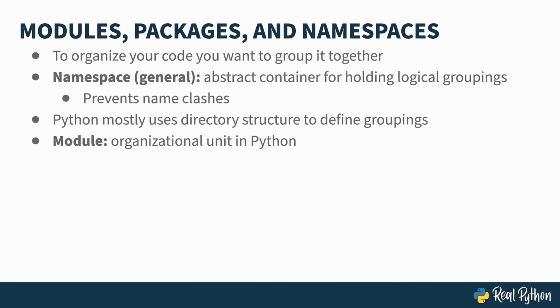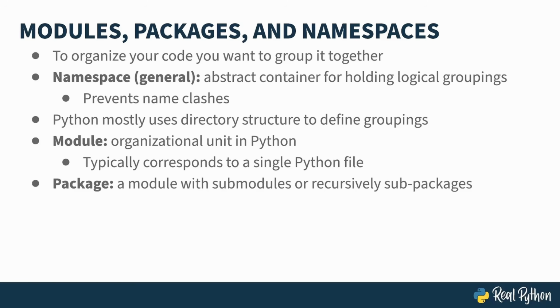Python mostly uses directory structure to define these kinds of groupings, and it uses the term module for one of the lower levels of this kind of container. It typically corresponds to a single Python file. A package, on the other hand, is a recursively defined structure rooted at a directory which can contain modules and more directories. You indicate that a directory is a package in Python by including a file with a special name, __init__.py, often pronounced dunder init.py.